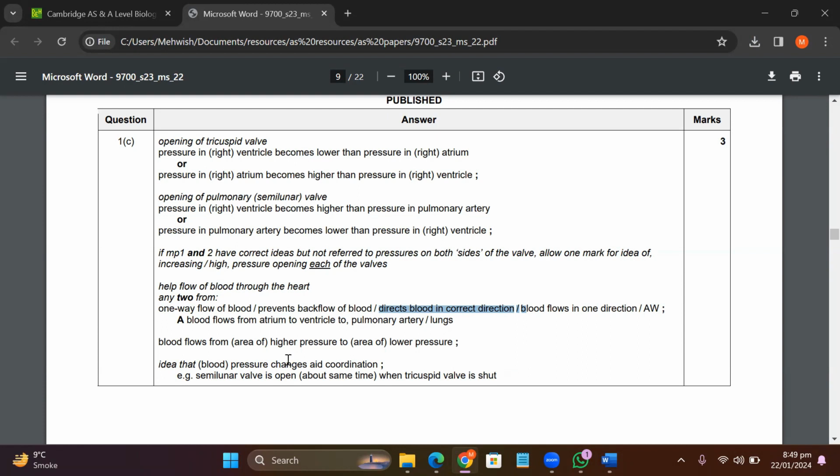That pressure changes aid coordination for the opening and closure of the tricuspid valve. ठीक है? Semilunar valve is open when tricuspid valve is shut. ठीक है? तो वो ज्यादा एक्सप्लेनेशन थी कि मैंने वही भी बता दिया था कि valves ओपन कैसे होते हैं, वो इतना लिखने की जरूरत नहीं है.